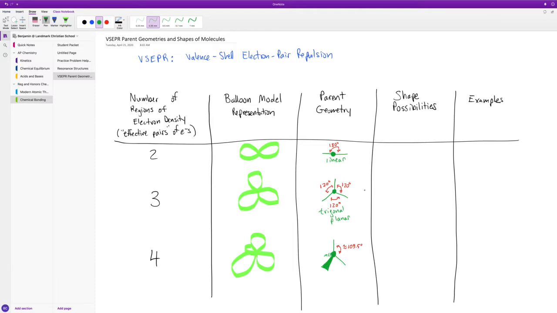That means it's a flat triangle, and angles of 120 degrees all the way around. And then when there's four regions of electron density, something called tetrahedral. Okay, that's an adjective for a tetrahedron, a four-sided figure in three dimensions in geometry. So we have these three parent geometries.